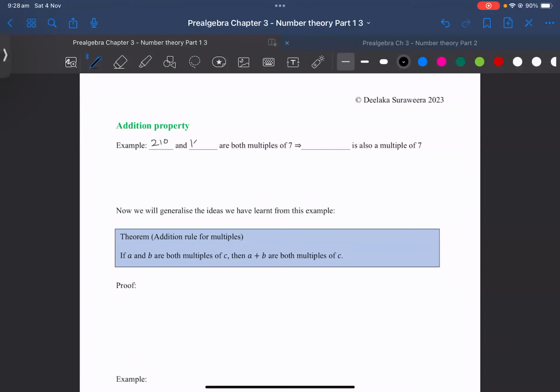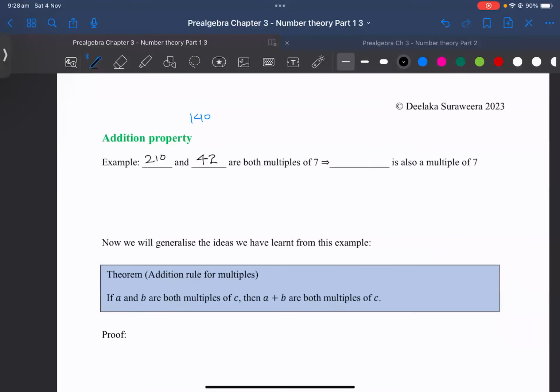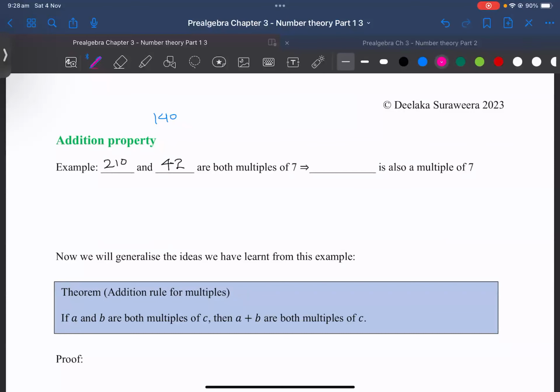Good. All right, 42. We'll actually use 42, because it doesn't end in 0, so it might be a bit more tricky. 140 would also work, I'm not saying it's wrong, but when you add 42 it actually becomes a bit harder. So we know that 210 and 42 are both multiples of 7.